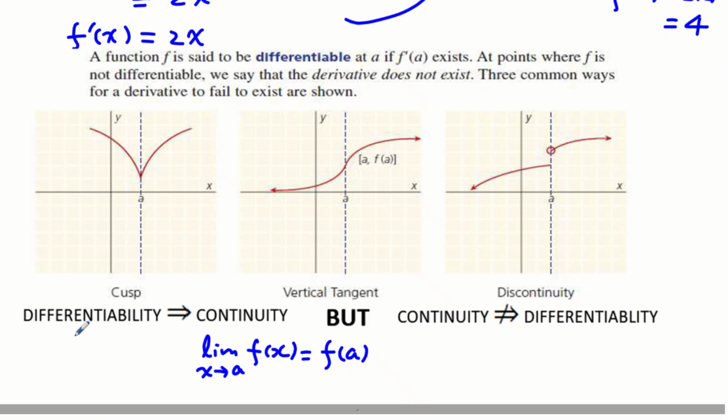So this means whether the limit of the derivative of the function, the limit of the slope of the tangent, exists or not.